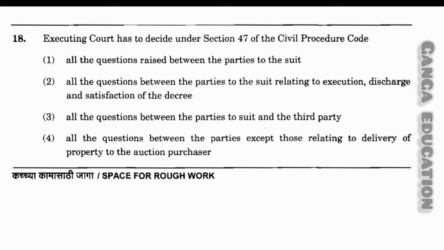Option number 3, all the questions between the parties to the suit and the third party. Option number 4, all the questions between the parties except those relating to delivery of property to the auction purchaser. And the correct answer is option number 2, all the questions between the parties to the suit relating to execution, discharge and satisfaction of the decree.